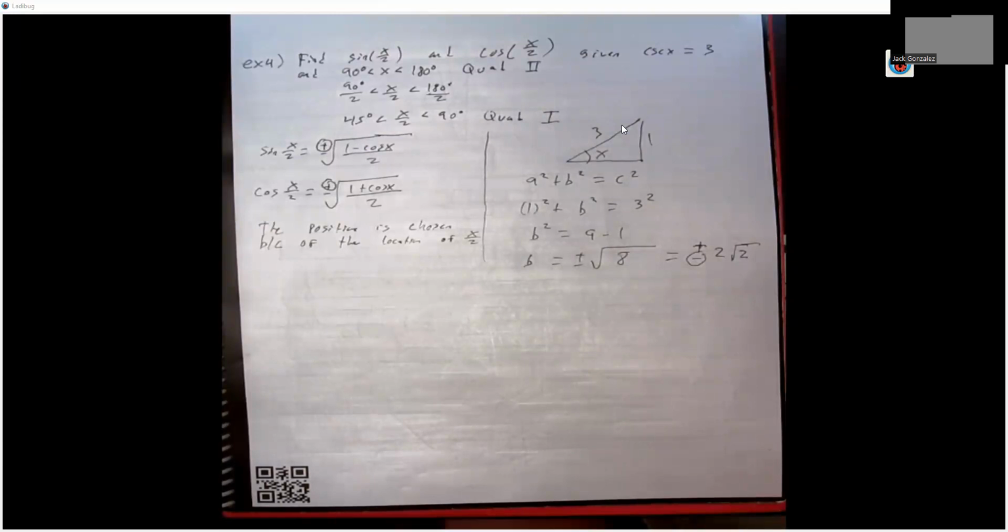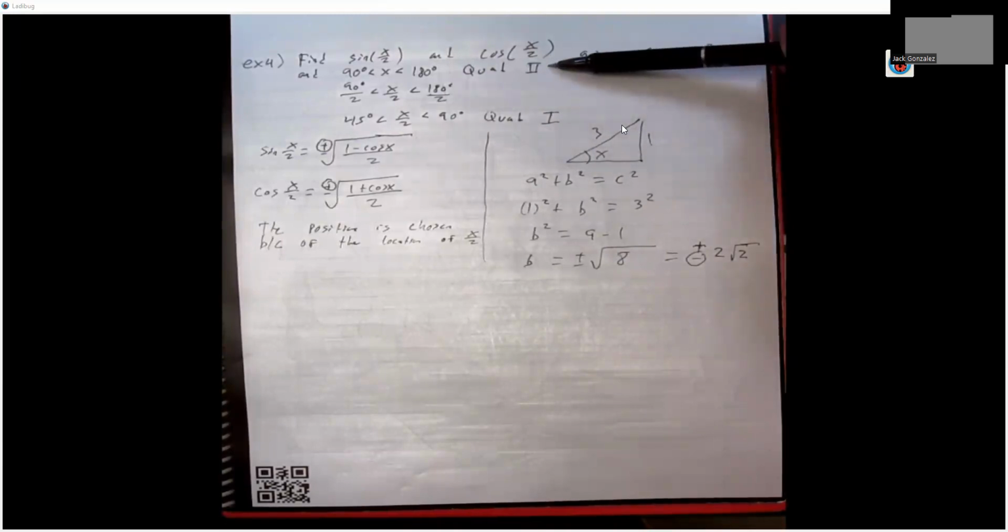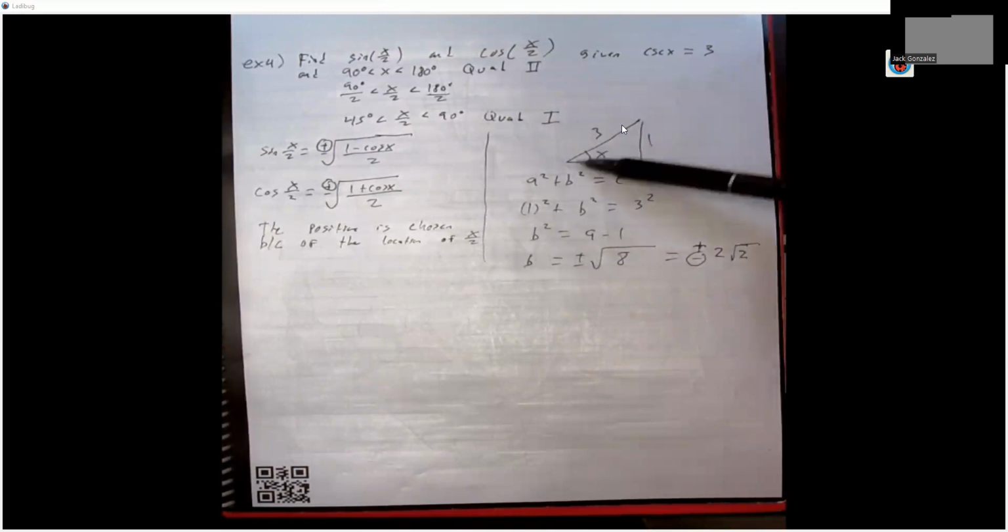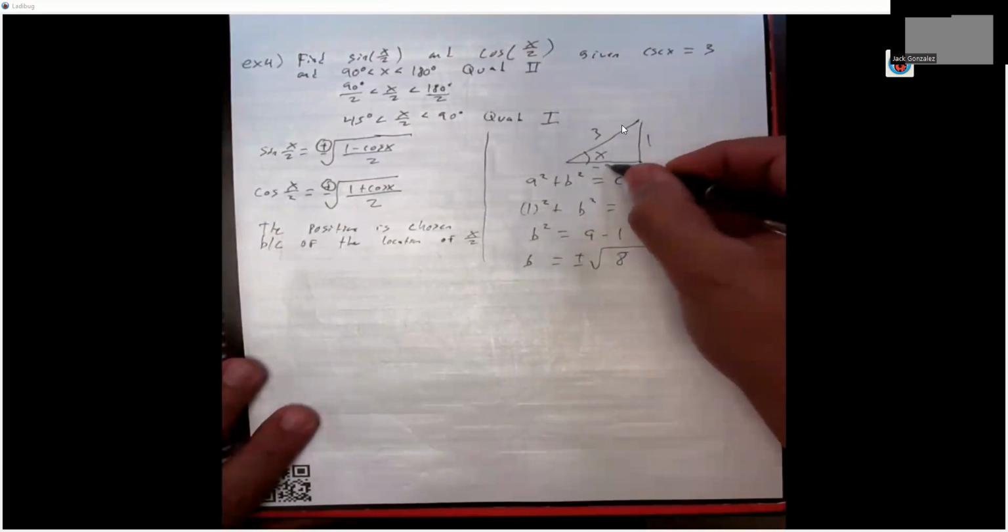It's important. We choose minus because eventually this will be the adjacent side, right? Which refers to cosine. And cosine is negative in quadrant 2. So this has to be negative because the hypotenuse is never negative. So you can think of this as your y value and your x value. So this is negative 2 root 2.